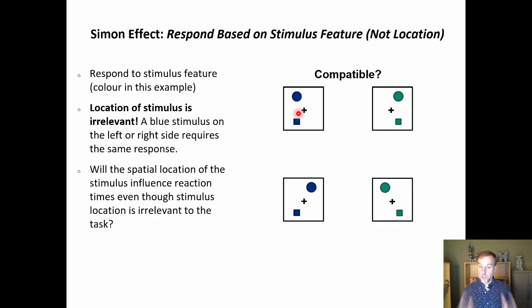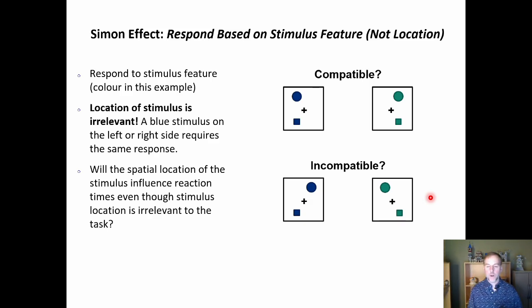You're supposed to focus on just the color. But will our brain even code spatial location when it's irrelevant to the task? And if it does, you'll find these conditions fast, and these ones will be incompatible or slower, because now you've got, say, a right stimulus that needs to go with a left response, or a left stimulus that needs to go with a right response.